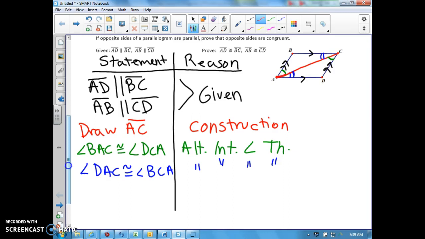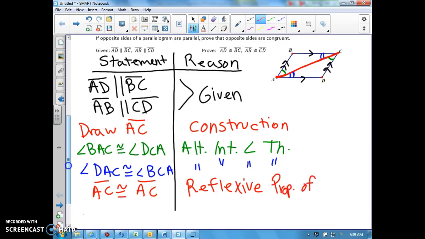Well, I've got this shared side AC. So I can say that AC is congruent to AC by the reflexive property of congruence. We're going to be really, really specific about it.